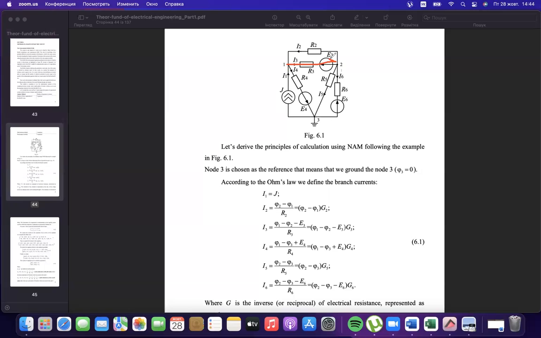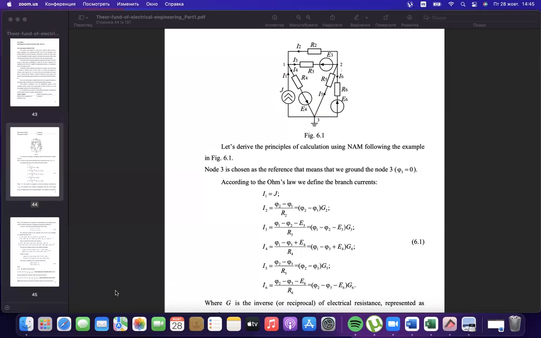For example, the third current equals the potential difference minus the source, because the source is in the opposite direction of the current, divided by resistivity. The same we do for the fourth branch: potential difference phi1 minus phi3 plus the electromotive force, because in this case the electromotive force is directed the same way, divided by the resistivity of the branch. If we have a couple of resistivities, we add these resistivities in the bottom part of the equation.